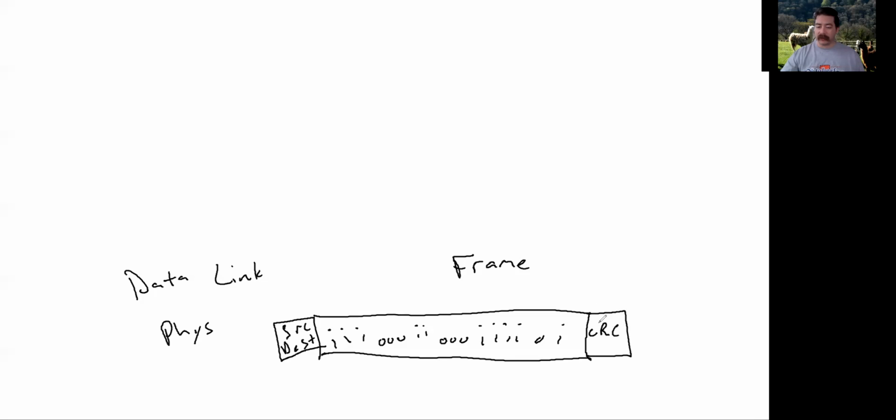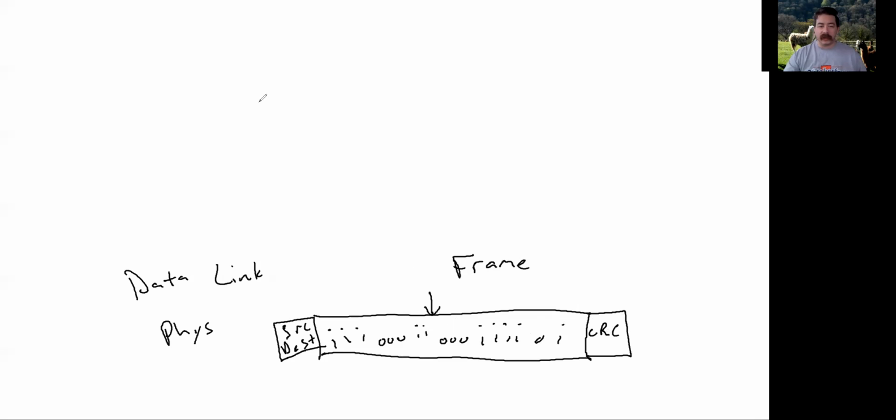This is just a check that says, I am a result of some action that's happened on this data, some algorithm. And if I redo that action when I get to my destination and I don't end up with the same result, something happened here to this frame. Something didn't get sent correctly, and I know to discard it. So it's just a check to make sure that the data came in accurately. So we have our binary data gets encapsulated into a frame as it moves up this way.